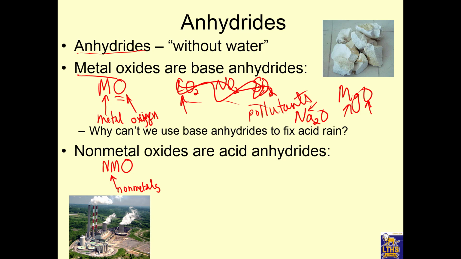And these are base anhydrides because when you put them in the water, they turn into bases, which makes sense because these are from group 1 and group 2 on the periodic table, and they turn into sodium hydroxide and magnesium hydroxide. Non-metal oxides are things like carbon dioxide, sulfur dioxide, and nitrogen dioxide, and they turn into acids when you put them into water. So they're not acids or bases by themselves, but when you put them into water, they turn into acids or bases.